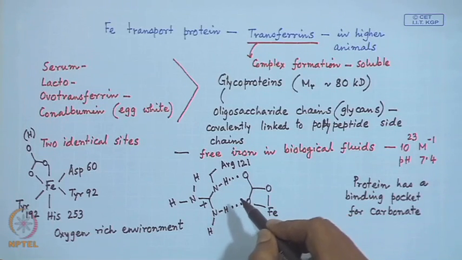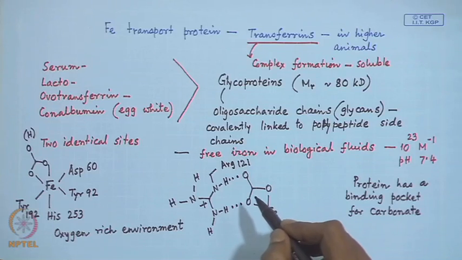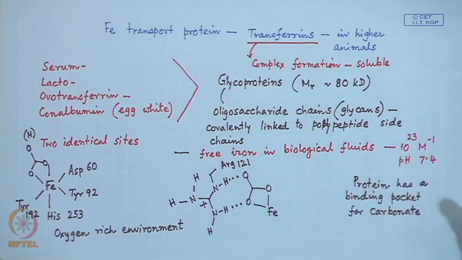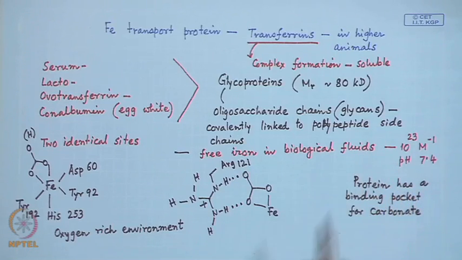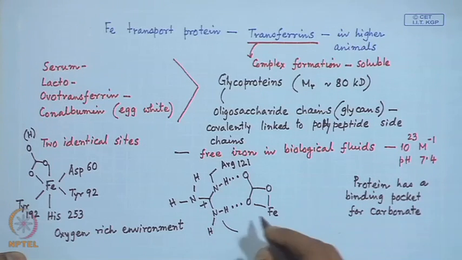So, only the hydrogen bonding interaction from the protein side chain can stabilize this particular small molecule within the cavity of this particular transferrin molecule, and this particular part is your guanidinium group.